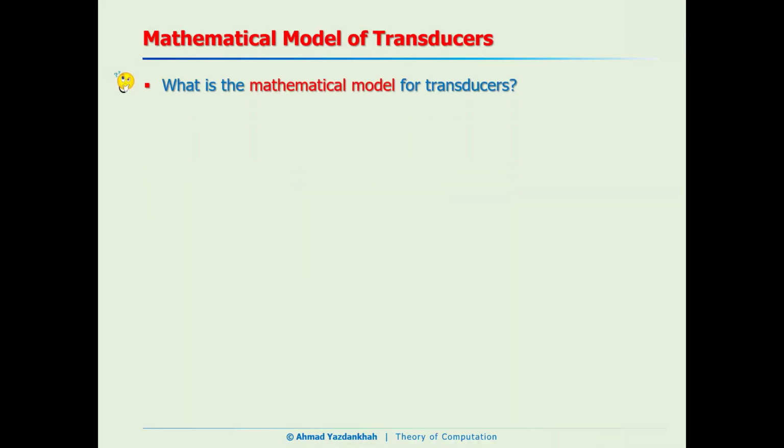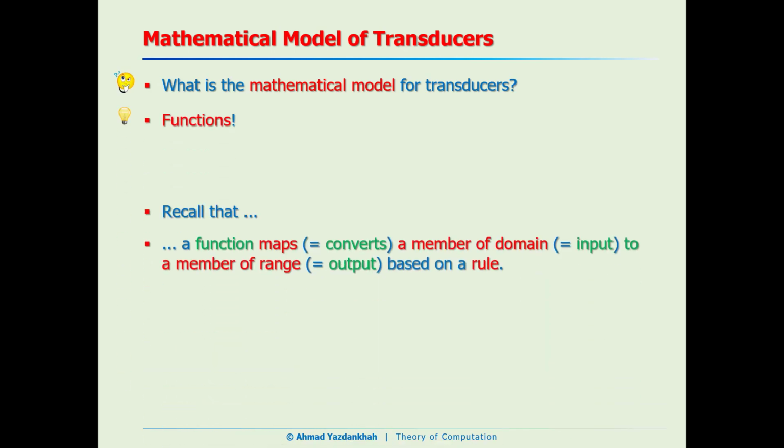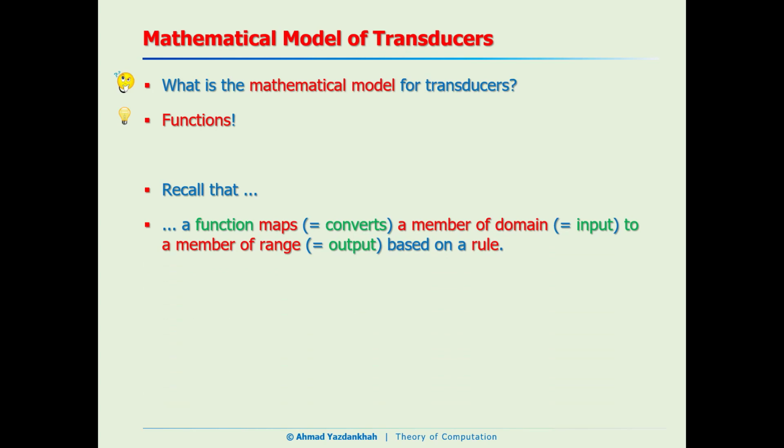The next question is, how can we mathematically model a transducer? Just remember, an input to an output, right? Yes, by functions. Just remember what a function was. A function we define like this: it maps a member of the domain to a member of the range based on a rule.